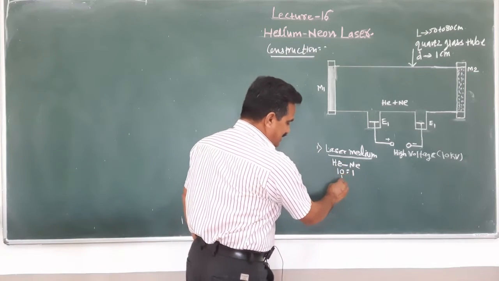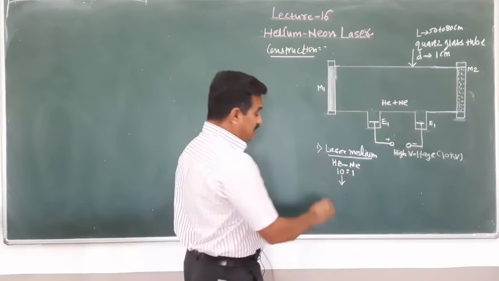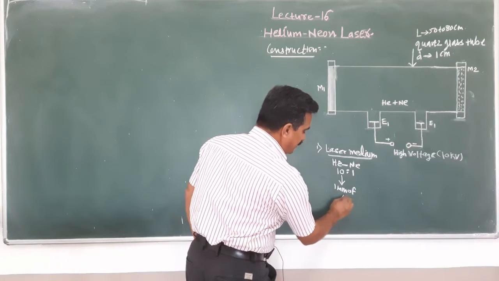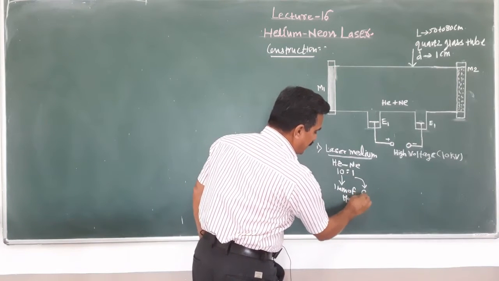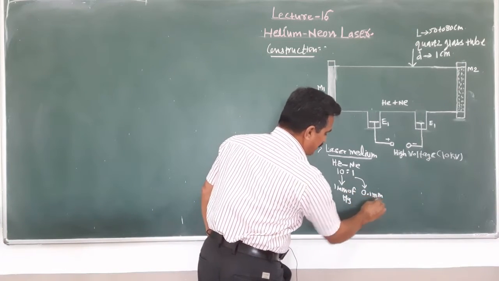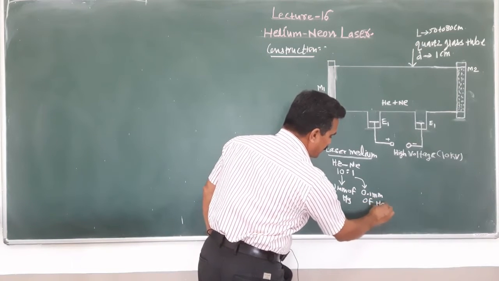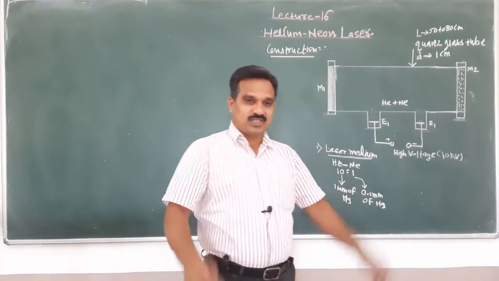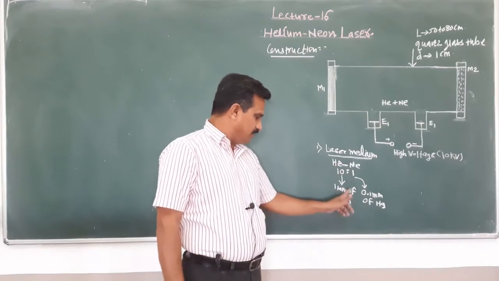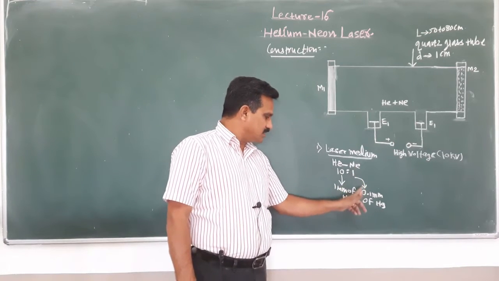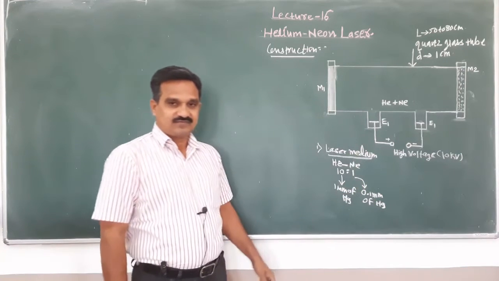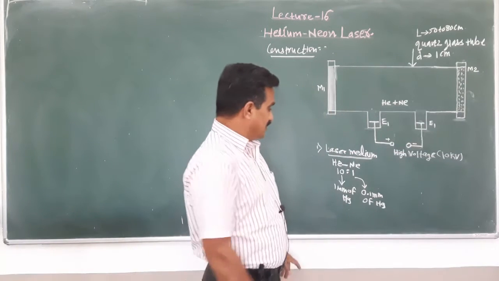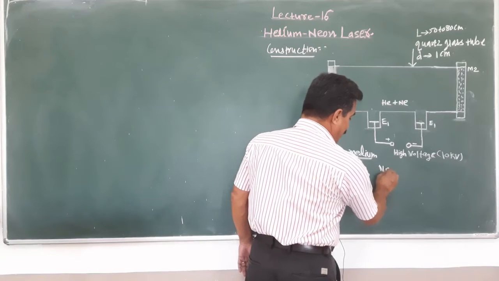The helium gas pressure is 1 mm of mercury, and that of neon is 0.1 mm of mercury. So the mixture of helium and neon is filled at low pressure. Out of these two, neon plays an important role.